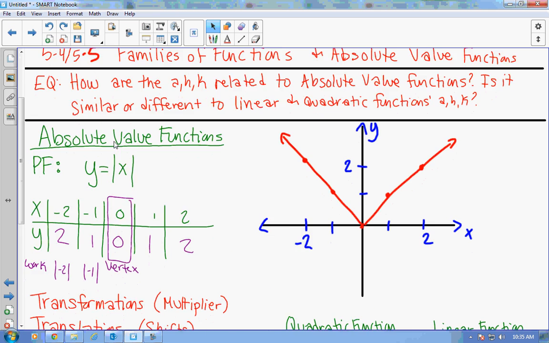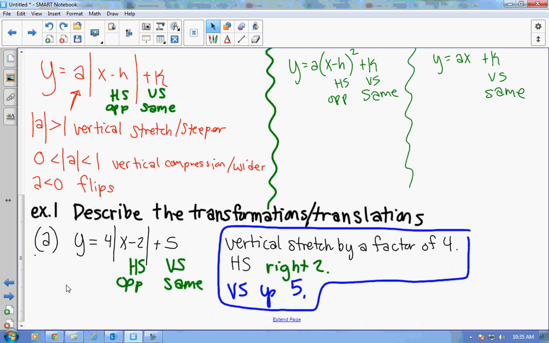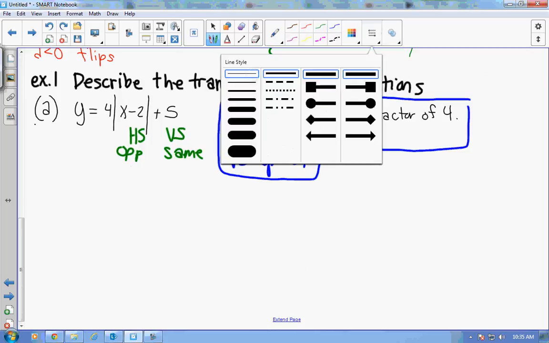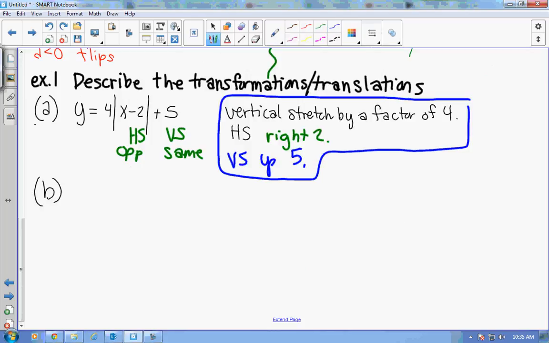Okay, back to your notes. I'm going to give you another one, and you're going to, again, describe the transformations. Did that fix it, Jocelyn? Okay, describe the transformations.